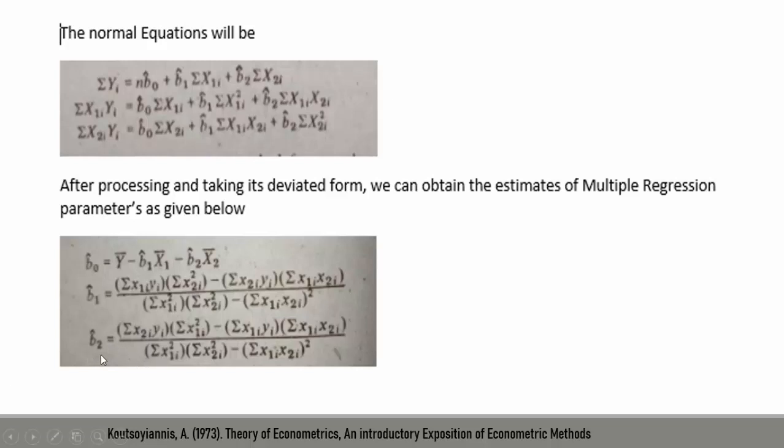Similarly, the formula for b2 hat will be summation x2y, summation x1 square minus summation x1y, summation x1x2, divided by summation x1 square, summation x2 square minus summation x1x2 whole square. So dear students, these are the three formulas which we derived from the normal equations in deviated form. We can solve a number of problems with the help of these formulas.